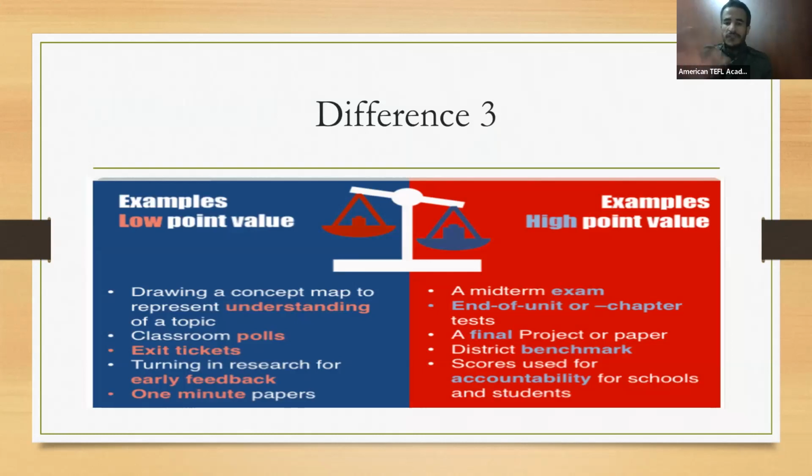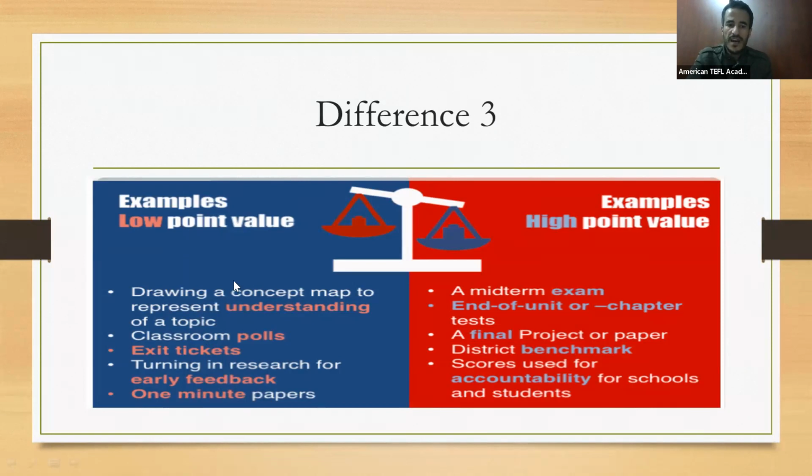the difference number 3, examples, low point value. So drawing a concept map to present understanding of a topic. Classroom polls, exit tickets, turn in research for early feedback, 1-minute papers.